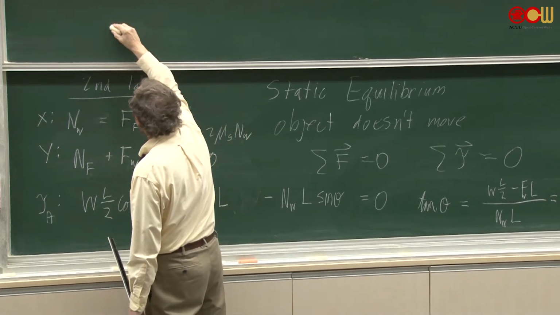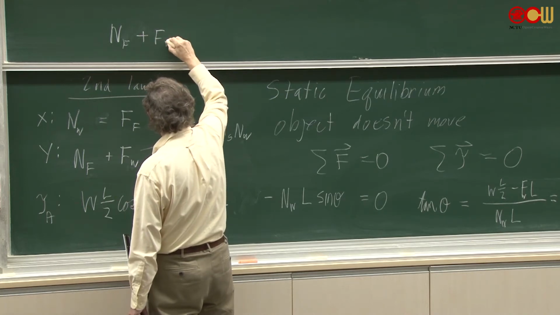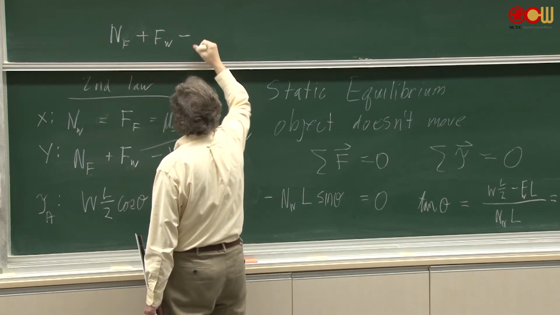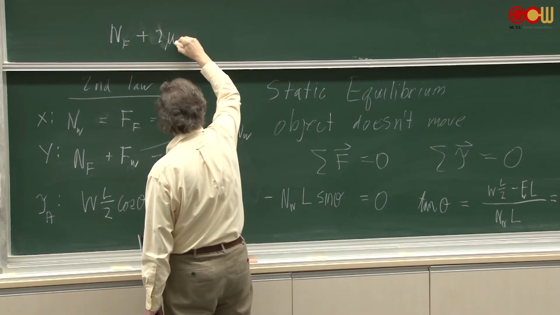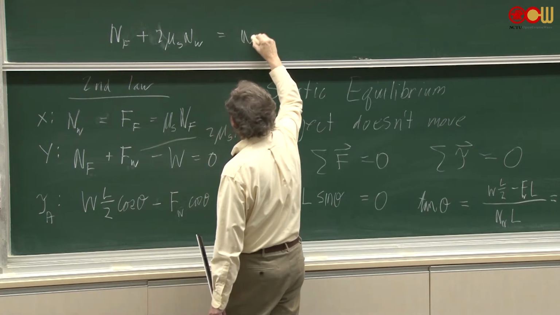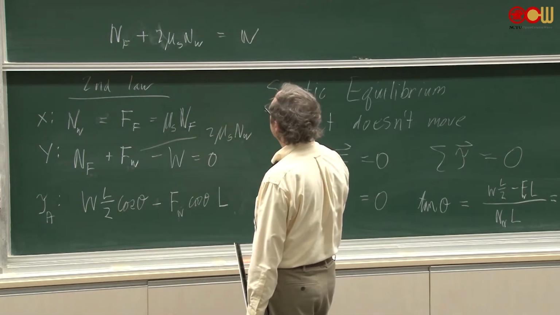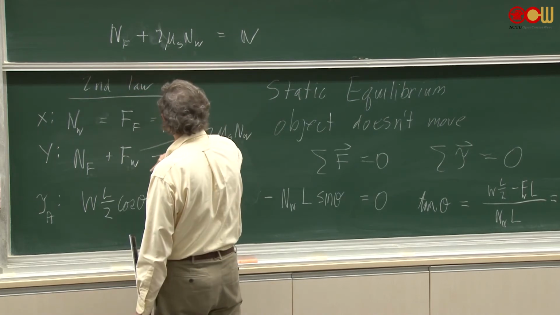So this equation is N floor plus F wall, where F wall is 2 mu s N wall, equals W, right?